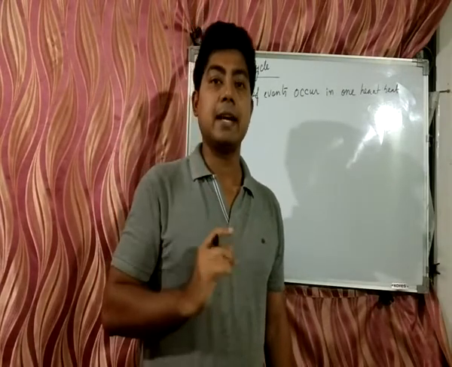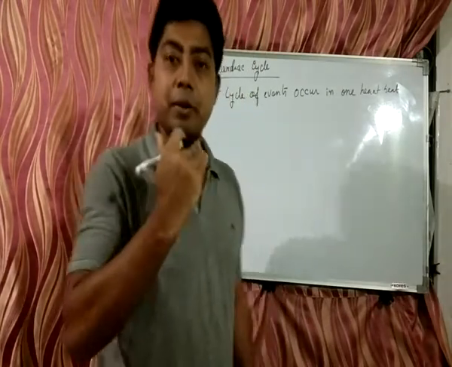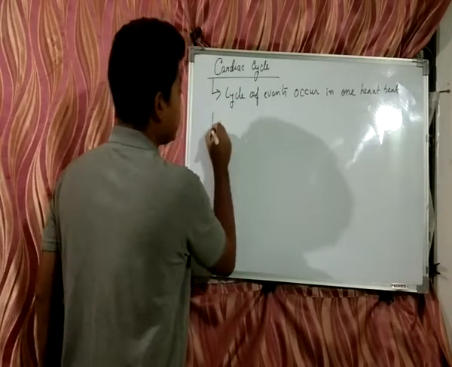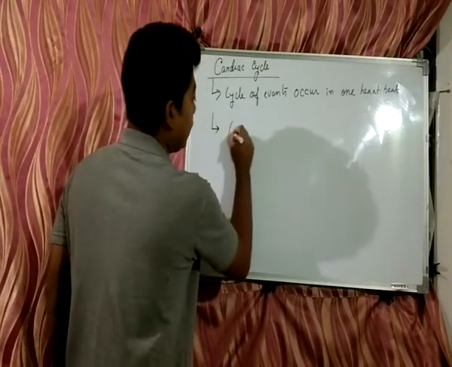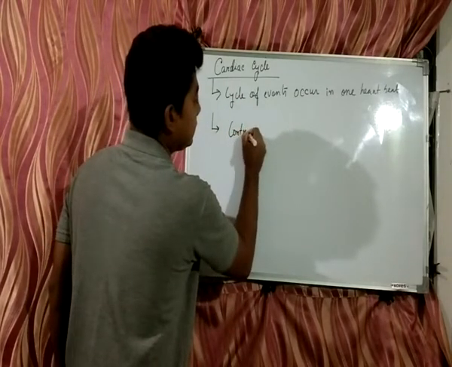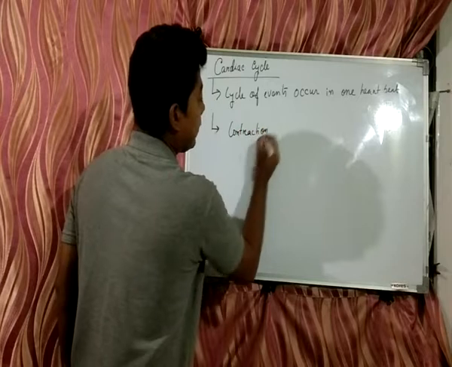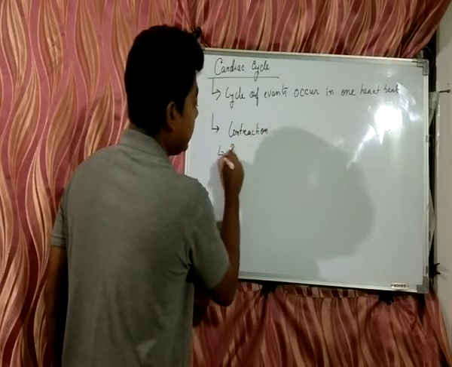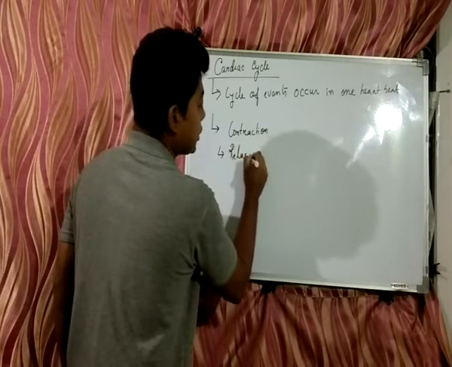One cardiac cycle consists of repeated contraction and relaxation.